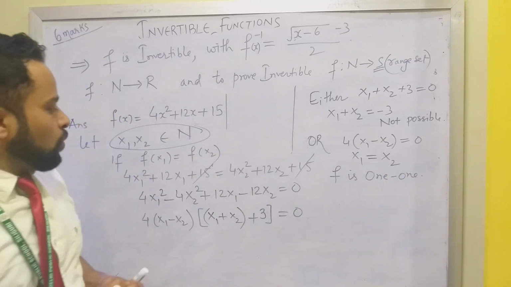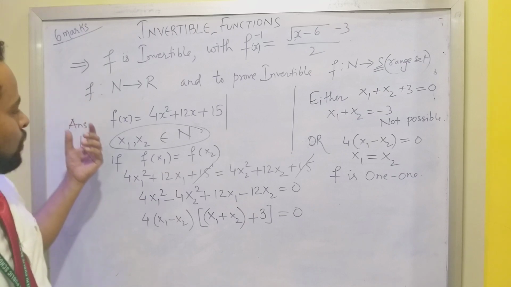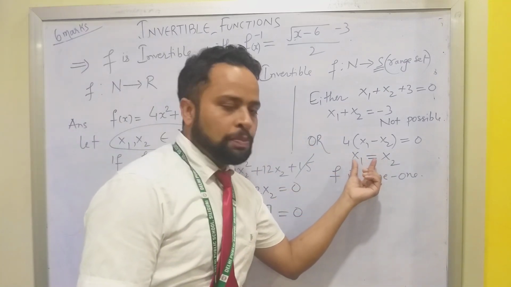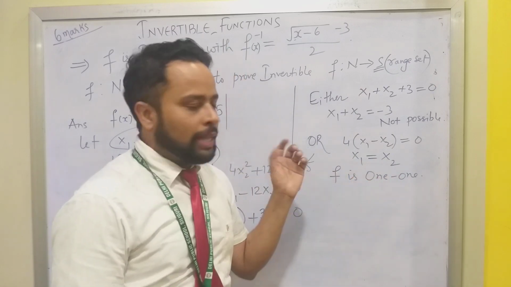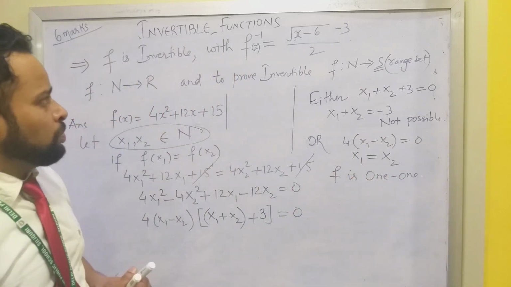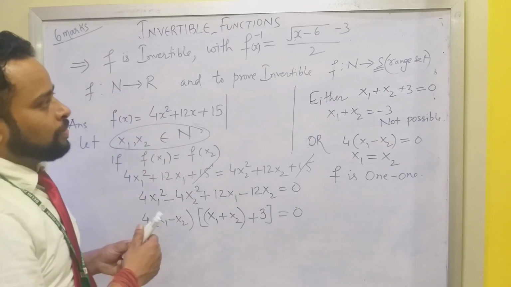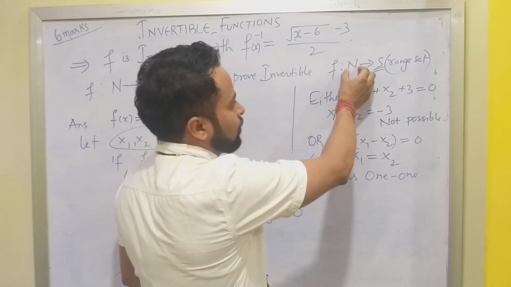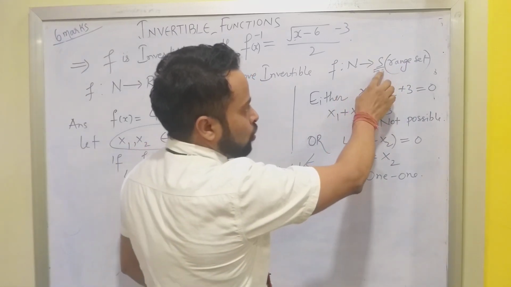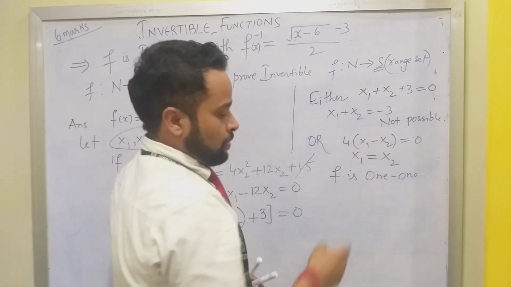f is 1-1 because we could prove that if two images are same, then their pre-image is also same. Now the function is onto also because it is given in the question itself. When the function is mapped from natural numbers to the range set, your codomain is equal to range.